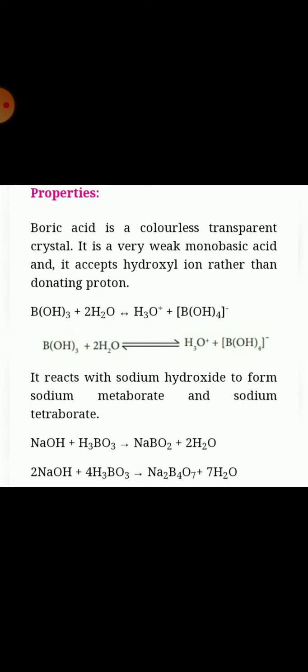Then sodium hydroxide reacts with boric acid to form borax, or sodium tetraborate, Na2B4O7, plus water molecules.